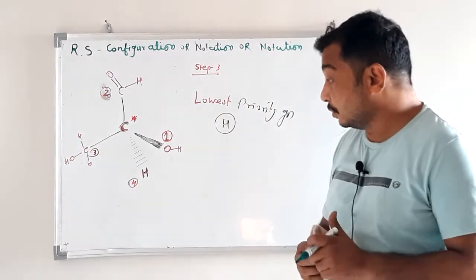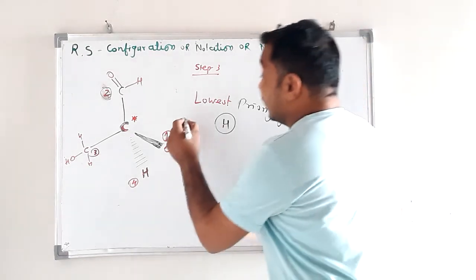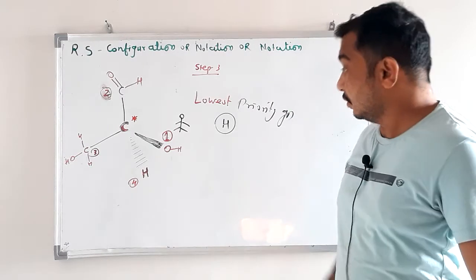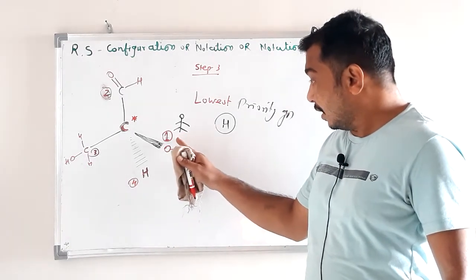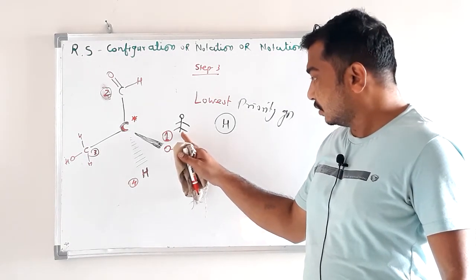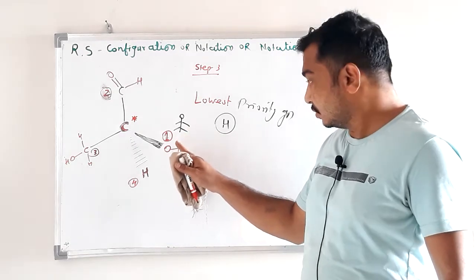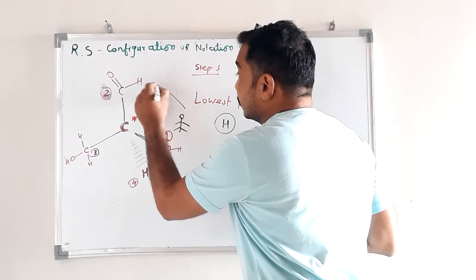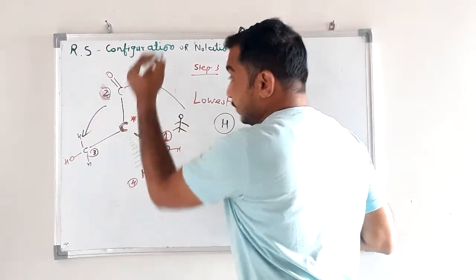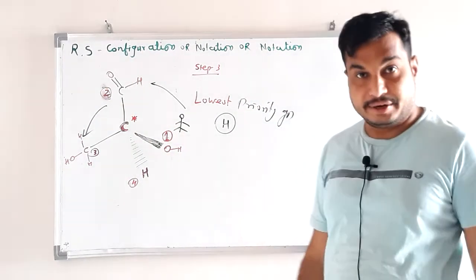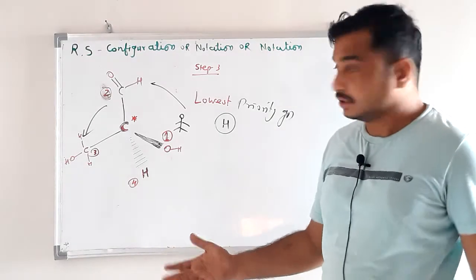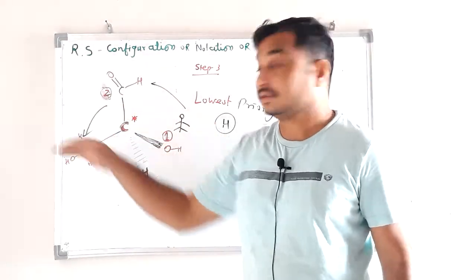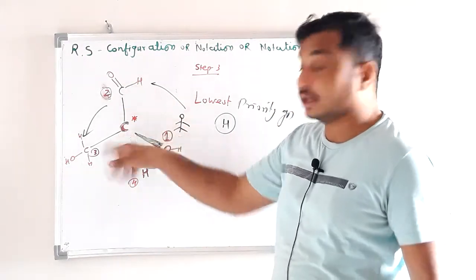Then what do we have to do? Then start moving. Suppose we are here, very close to number 1. Then move toward the second, then third. In the next process, we start moving from the highest priority group to the lower ones, first to second, second to third.